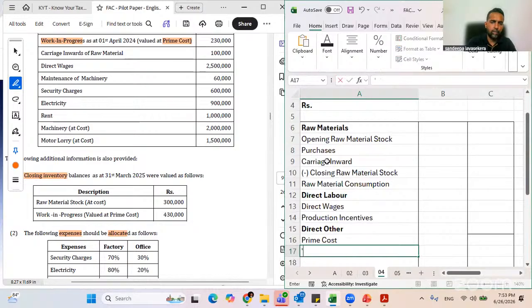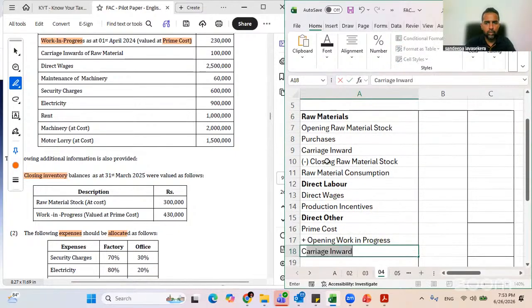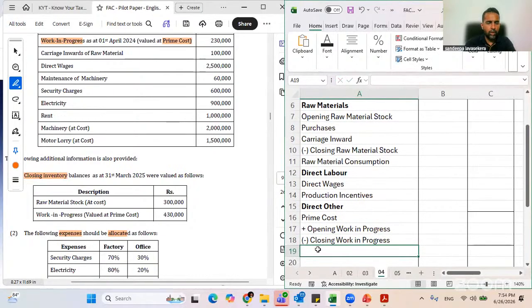Plus opening work in progress, minus closing work in progress. You arrive at prime cost of completed items.